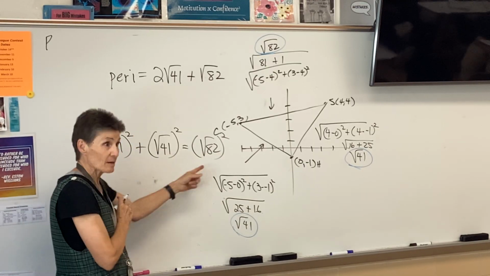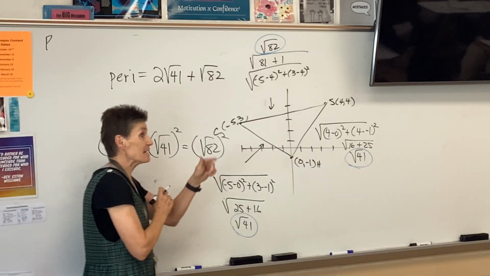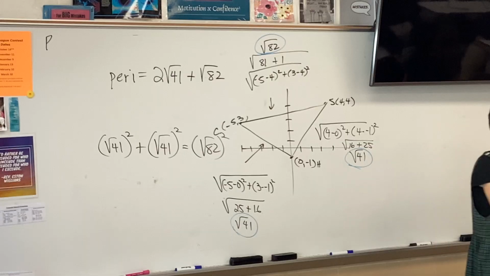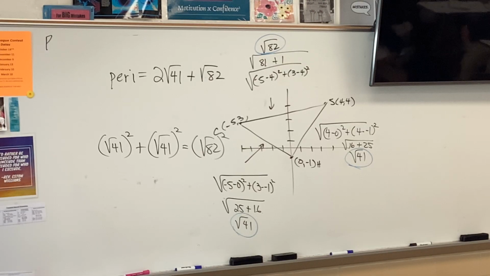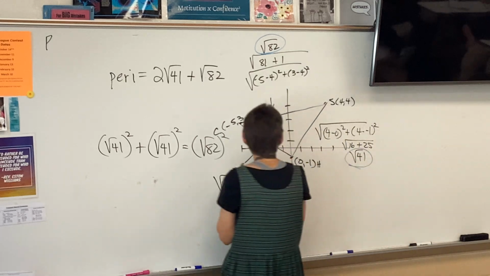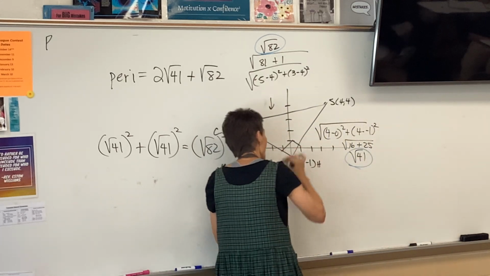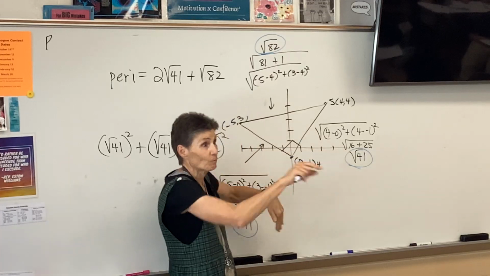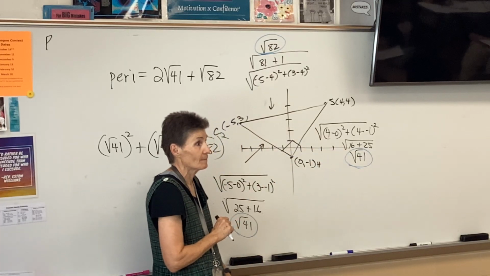And that's the Pythagorean theorem, right? And if the Pythagorean theorem works, if a squared plus b squared does indeed equal c squared, then you have a right triangle. Right? A little tricky, you have to be on your toes, but we have a right triangle, and there's the right angle because these are the legs of the 45, 45, 90 triangle.